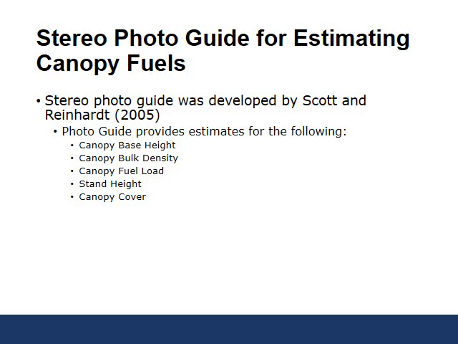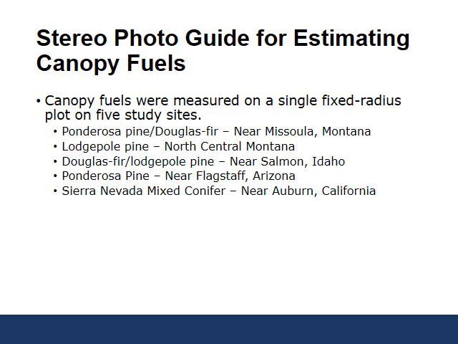This photo guide can be used to estimate the canopy base height, canopy bulk density, canopy fuel loading, stand height, canopy cover, as well as other canopy characteristics. The canopy fuels data in the photo guide was estimated on a single fixed radius plot on 5 study sites throughout the interior western U.S. Although this guide is not very extensive, there is little information available, so you may find it useful.